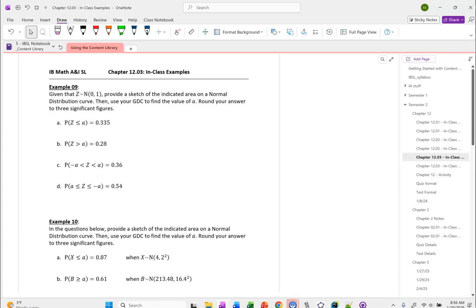Okay. What if we change the nature of our problem here a little bit and say, I'm giving you a probability and I want you to recover for me the measurement, the observation. So this is a pure calculator problem.